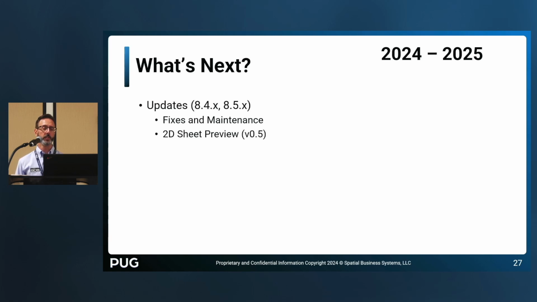So we want to get this out. We expect to flesh out a lot of aspects of it in the next major release, but this 2D sheet functionality should be coming in an update, and will allow a streamlined workflow for creating 2D sheet views. So I can't really say much more about that, but that's something that's in progress.